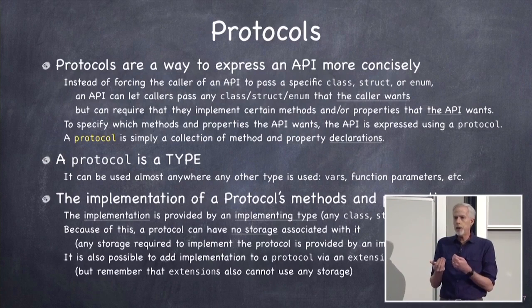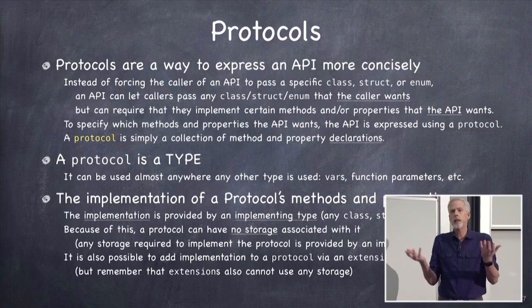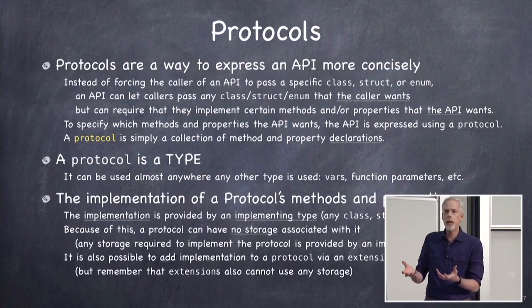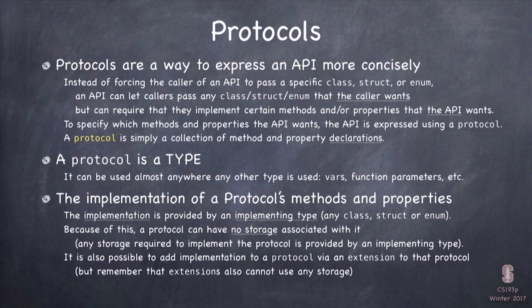The implementation of the methods and vars in a protocol, since a protocol is just the declaration of them, where does the implementation happen? Well, mostly it happens in classes and structs and enums that claim to implement that protocol, or conform to that protocol, we say. Okay? So if I'm a struct and I want to say, yes, I want to conform to protocol X, then I have to implement all the methods and vars that are in protocol X, right?